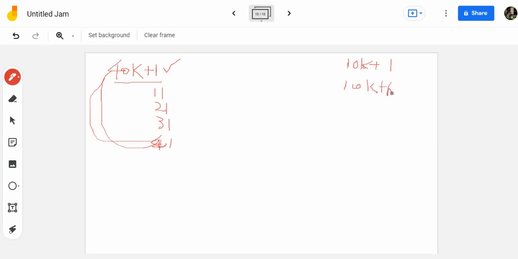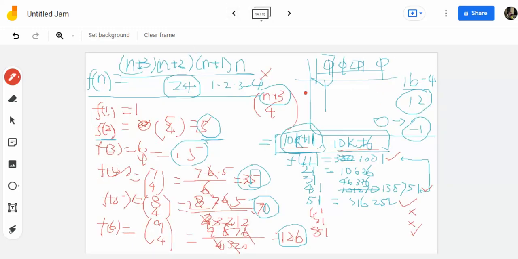Now we have to try 40k plus 1 plus 6: 16, 26, 36. 46 we don't need, because we're back to here, right? Okay, right? We try 40. How do we do 40, right? M plus 3, right? Remember our formula is this formula, right?